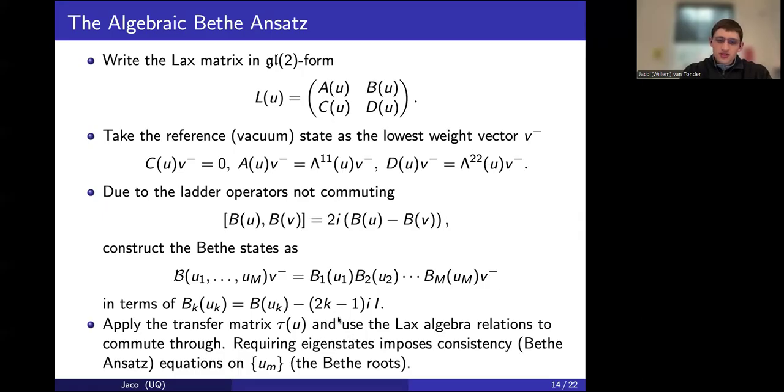And then that will give us basically the state back along with some unwanted states, and then requiring that those unwanted states are zero, we have to apply certain conditions on these spectral parameters, which will guarantee that it is an eigenstate. So these are known as the Bethe ansatz equations, and the solutions to those equations will be the Bethe roots.